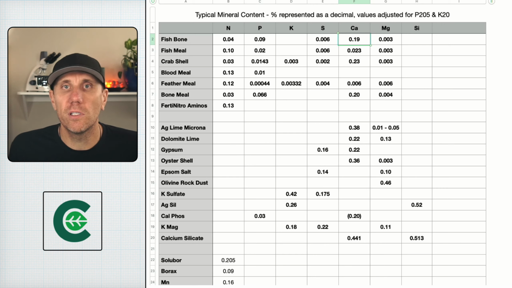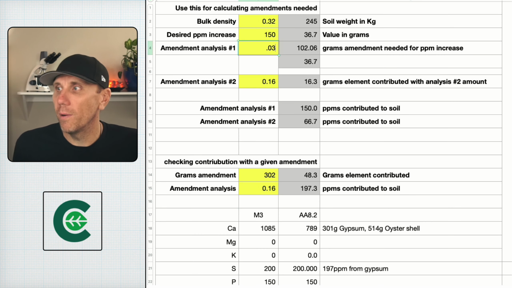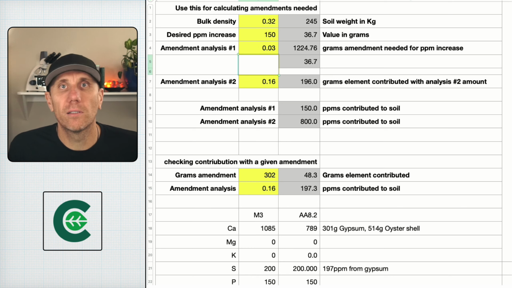And so just for the sake of this exercise, we're going to look at CalPhos, which is 3% phosphorus. And it also has a calcium, but the textbooks and the people say you don't factor in the calcium of the CalPhos. So we're just going to look at the 3% phosphorus. We'll go back to our amendment. We're going to represent that as a decimal, so the math works.